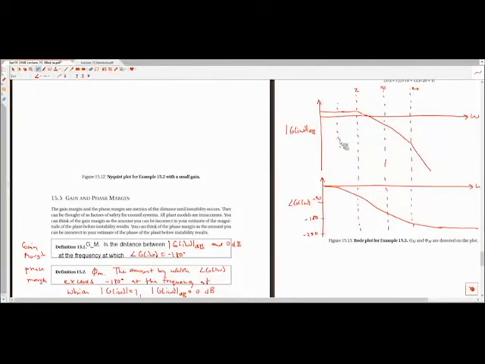We'll call this omega A. Another one that's good to pick out is actually the frequency at which we cross 0 decibels, and we call this the crossover frequency. I'll call this omega C because that's the crossover frequency. So that's when we know exactly the magnitude is exactly equal to 1.